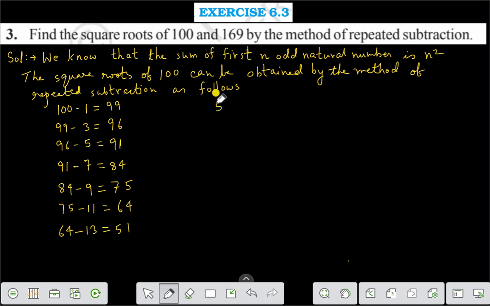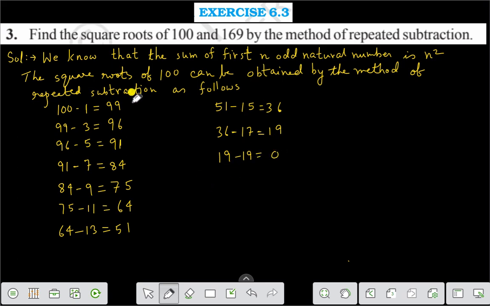Now 51 minus 15, that is 36. 36 minus 17 is equal to 19, and 19 minus 19 is equal to 0.